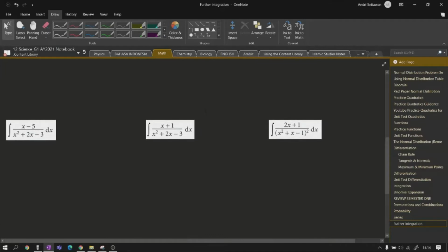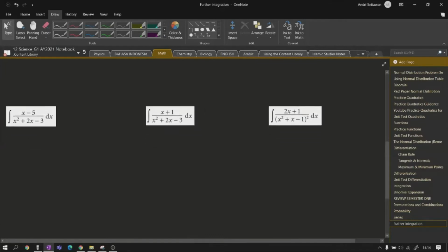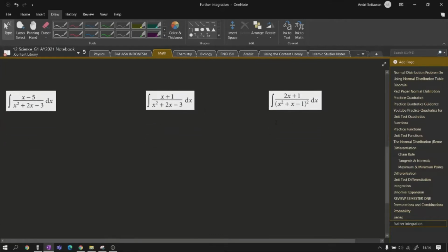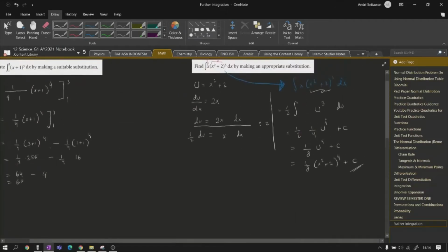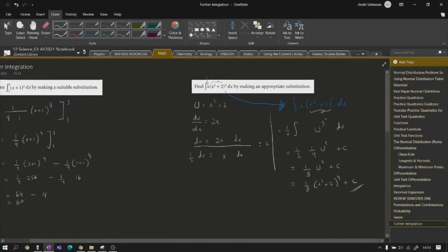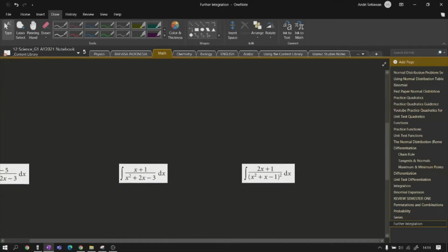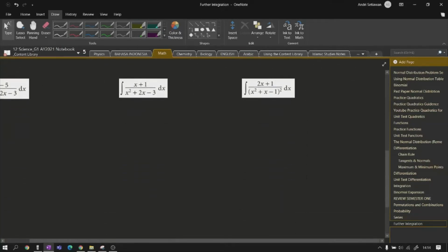I will take the third example first. How to solve this integral? It is quite similar to the previous example, exactly the second example. So we have to take out the function in the bracket.